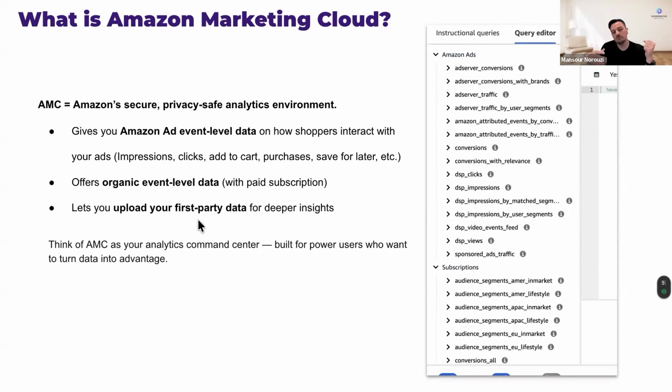And this has become more and more important because in Amazon ads, in sponsored ads, we now have the capability of creating audiences, taking these AMC audiences, adding them into our sponsored product, sponsored brand and sponsored display campaigns, and targeting these audiences.